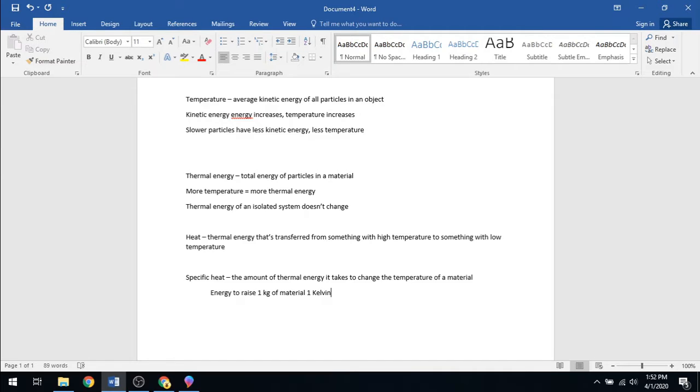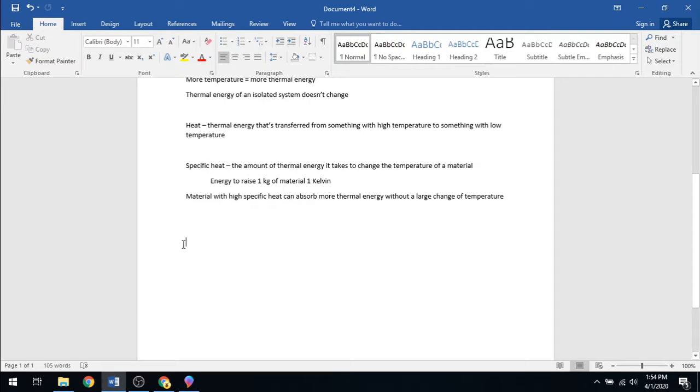We're not going to get into any more detail than that, but a material with a high specific heat can absorb more thermal energy without a large change of temperature. And I'll give you a couple of examples here in a minute.